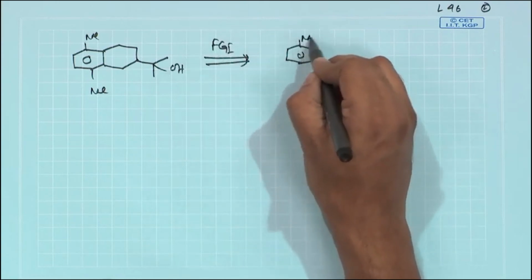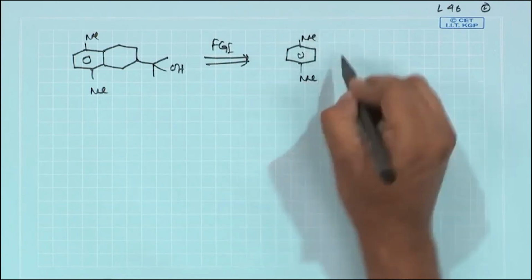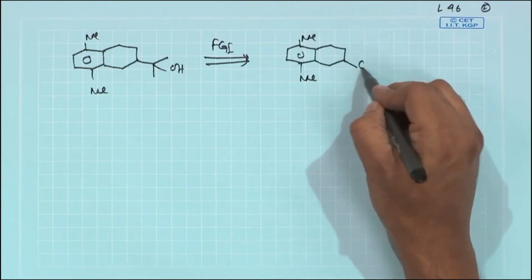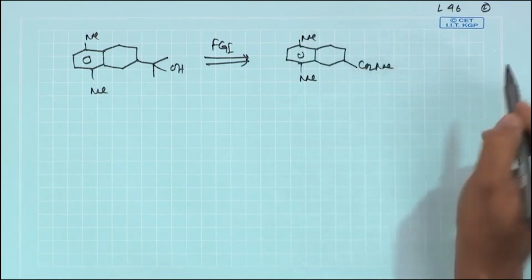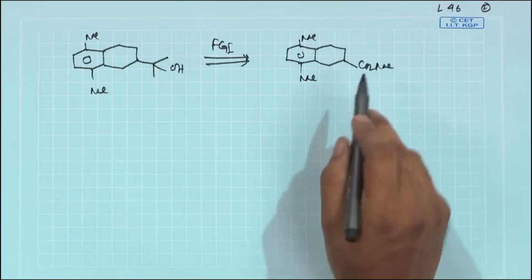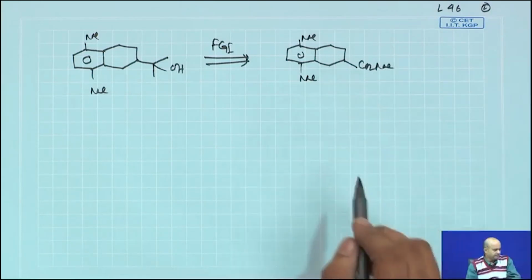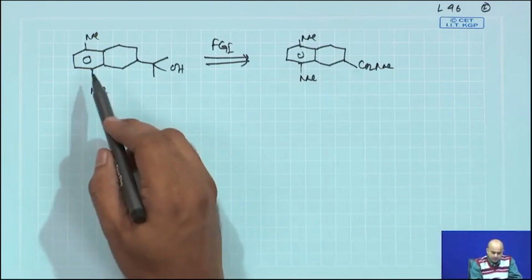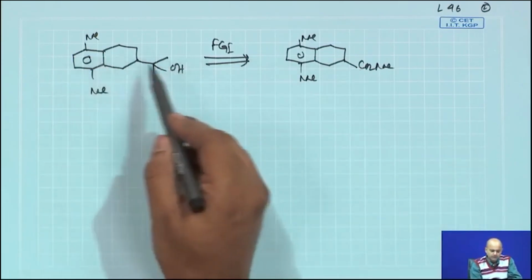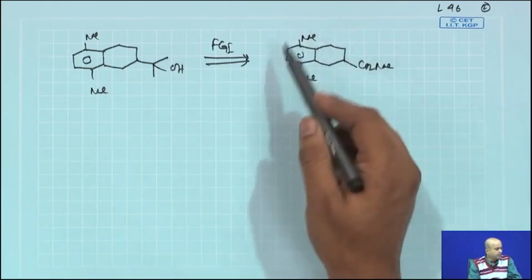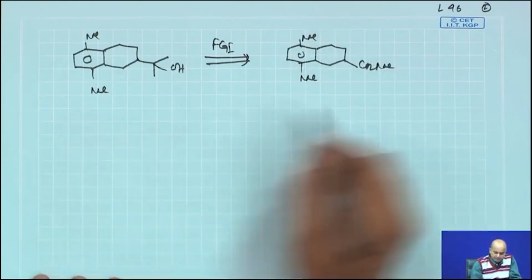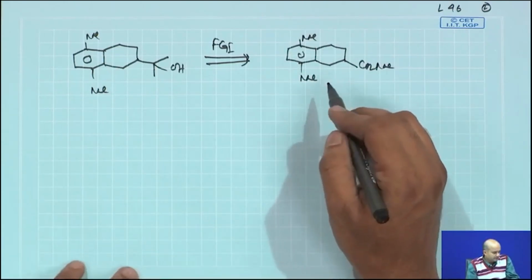Where the pseudo symmetry and local symmetry come from, I will talk about a little later. I have this particular compound. This part has local symmetry, this part is pseudo symmetric, and the entire molecule is pseudo symmetrical.